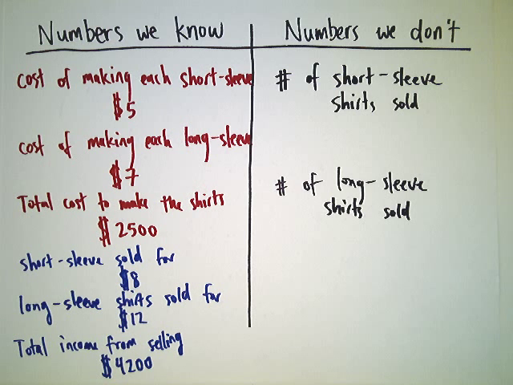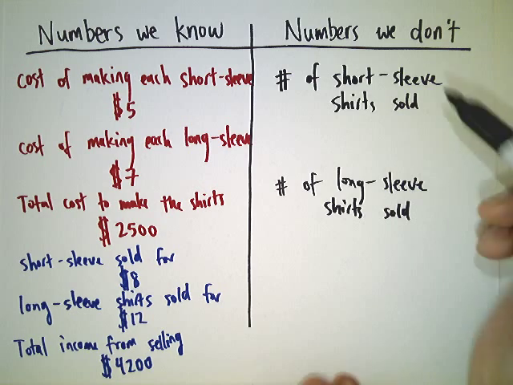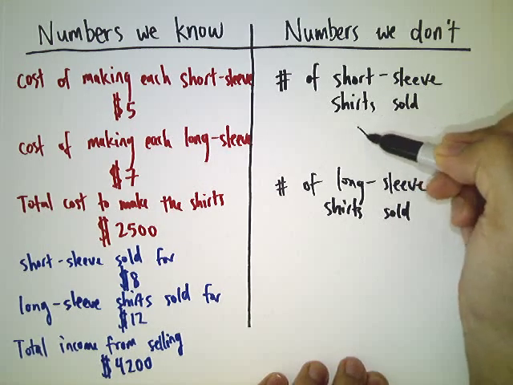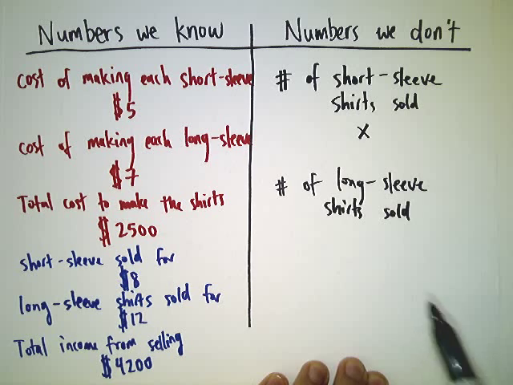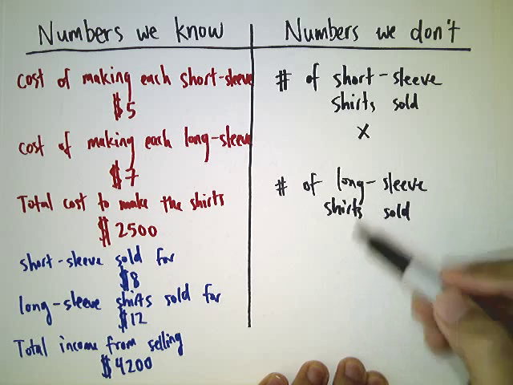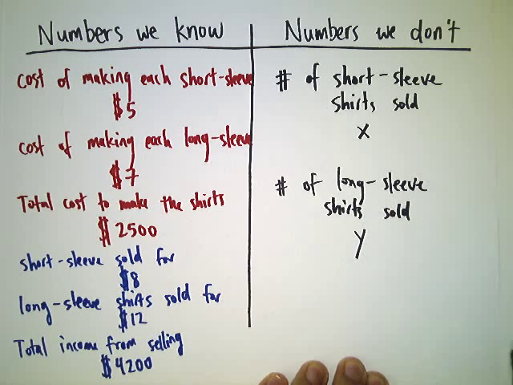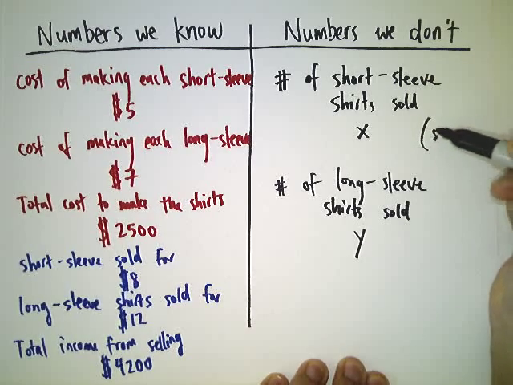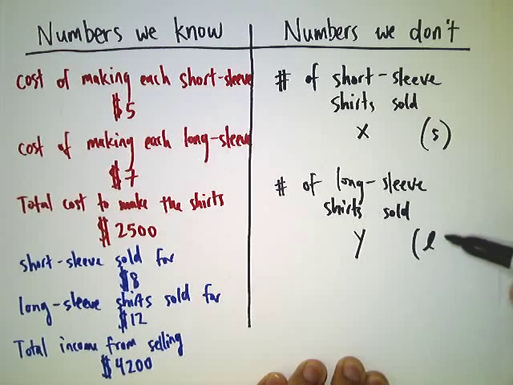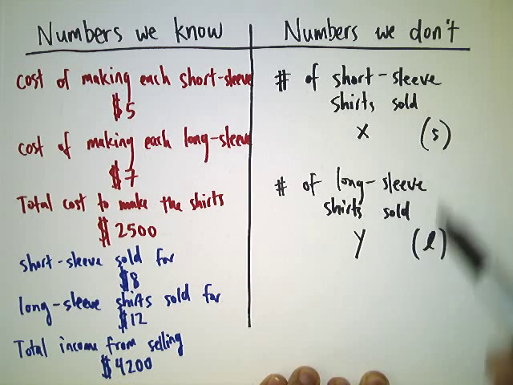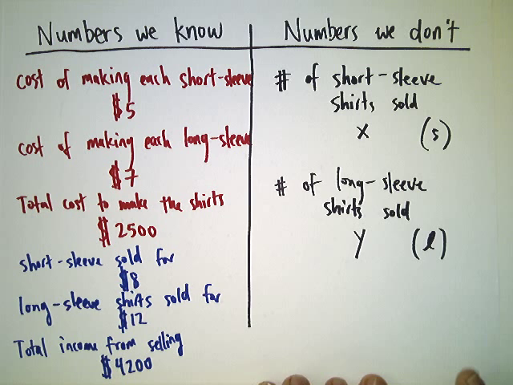So in this case, I think it makes a lot of sense to use variables to represent these numbers right now while we don't know what they are. For the number of short sleeve shirts sold, let's use X. And for the number of long sleeve shirts sold, let's use Y. If you wanted, you could also use S for short sleeves and L for long sleeves. I'm going to use X and Y, but if you chose to use S and L, that's fine too.